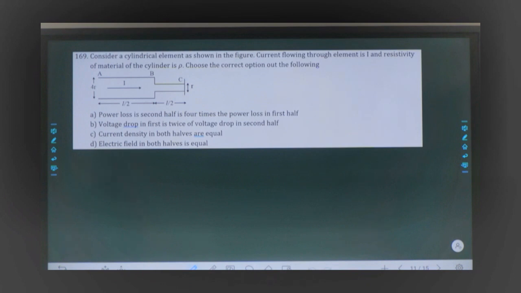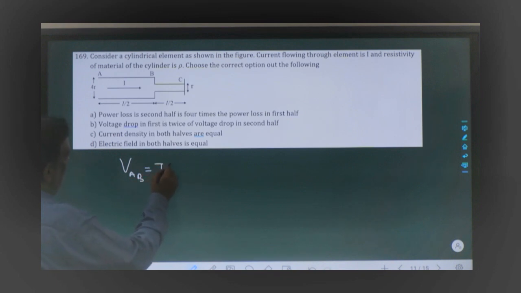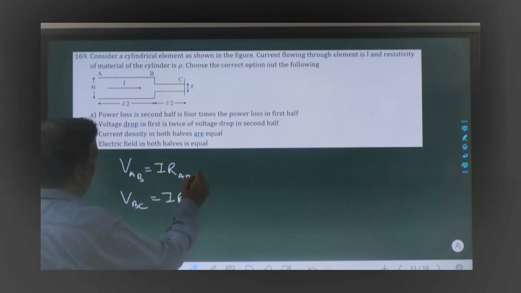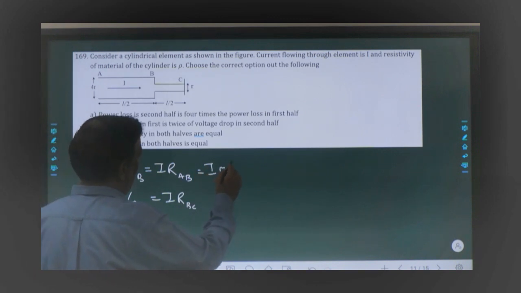Consider the cylindrical element as shown in the figure. Current flowing through the element is I, resistivity is rho. Choose the correct option. तो पोटेंशियल डिफरेंस अक्रॉस AB निकाल लो और पोटेंशियल डिफरेंस अक्रॉस BC निकाल लो, दोनों में करंट सेम फ्लो कर रही है. Potential difference across AB is I rho, length is L by 2.